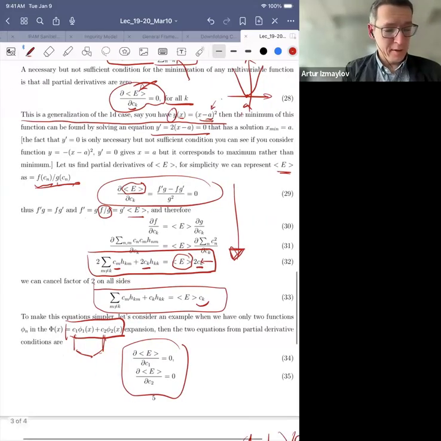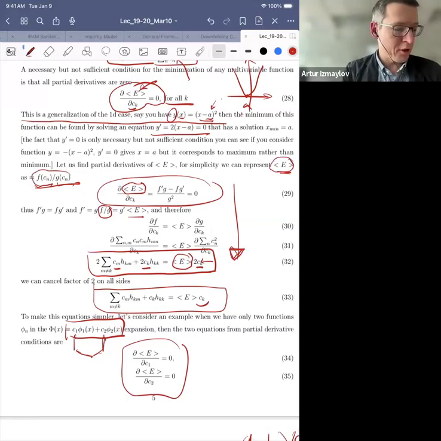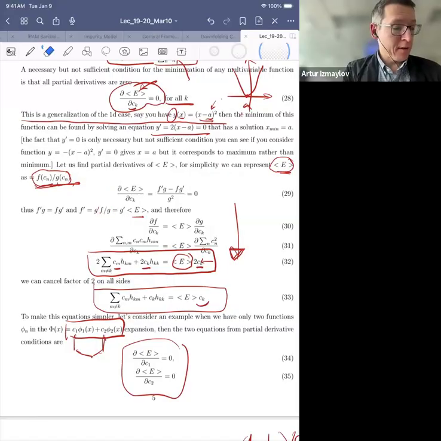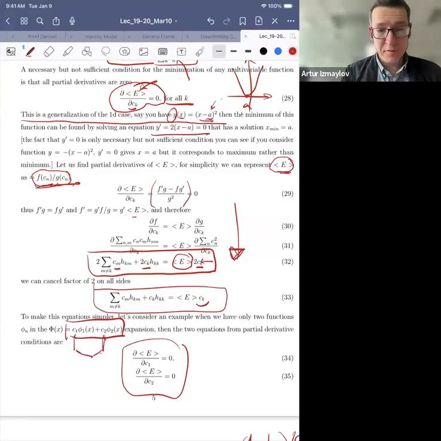So let's say your expectation value was a ratio between f and g, and f and g are functions of the coefficients. When you differentiate, this is the normal expression for the derivative of the ratio, right? And then, continuing on, you realize that this derivative needs to be 0.